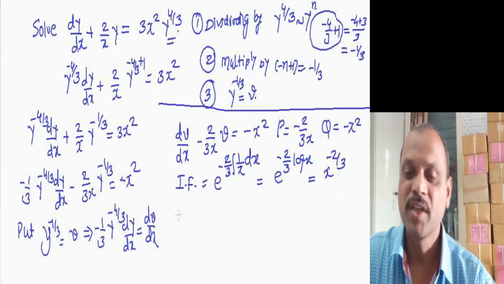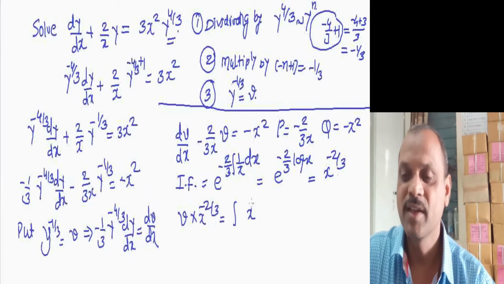Then the solution is what? v into x raised to minus 2 by 3 equal to integration of x raised to minus 2 by 3 into Q, that is minus x square, into dx plus c.